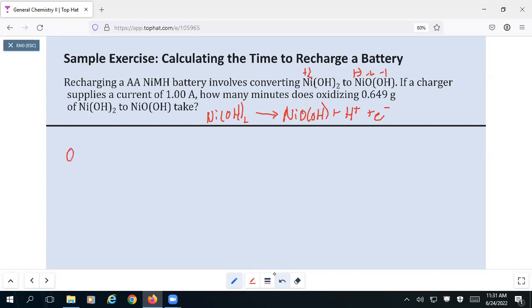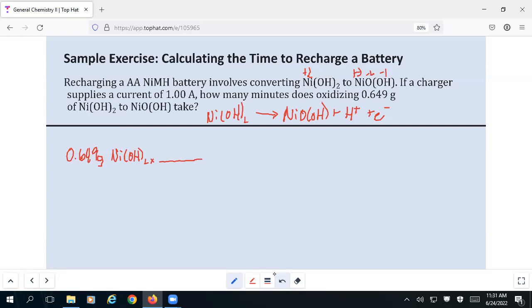We're going to start with our 0.649 grams of nickel hydroxide. And the first thing that we're going to do is like we would do for any equilibrium problem, frankly. We're going to turn that grams into moles. We just got to look up the molar mass.